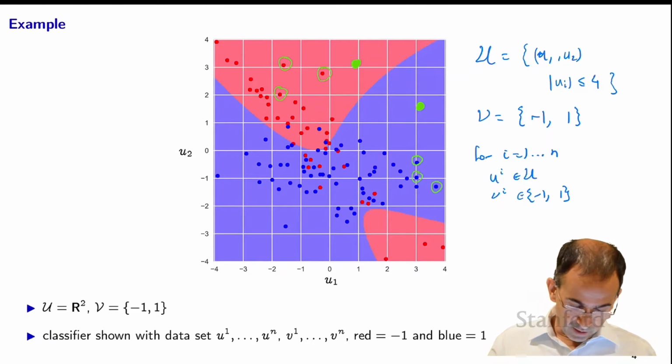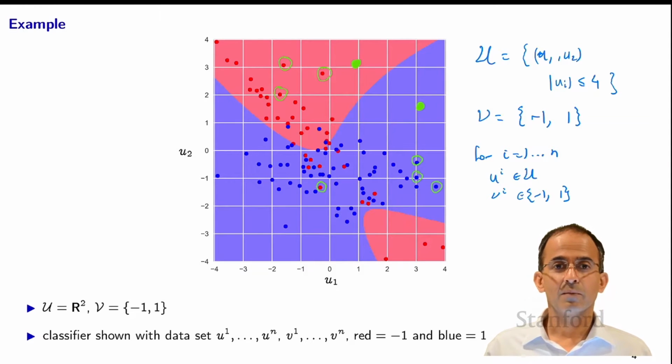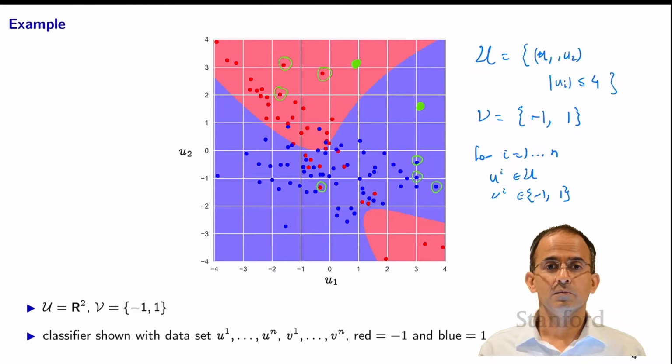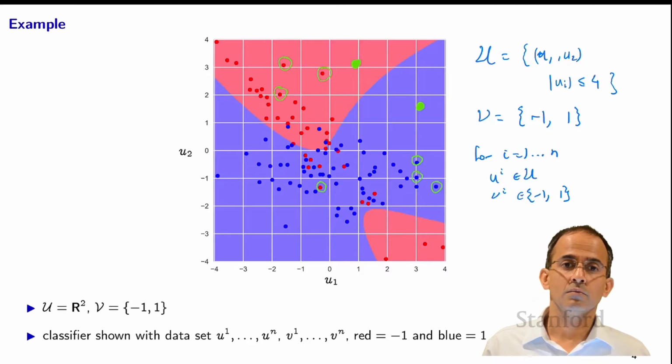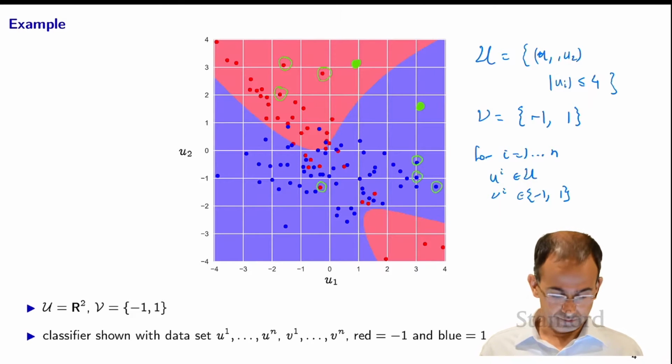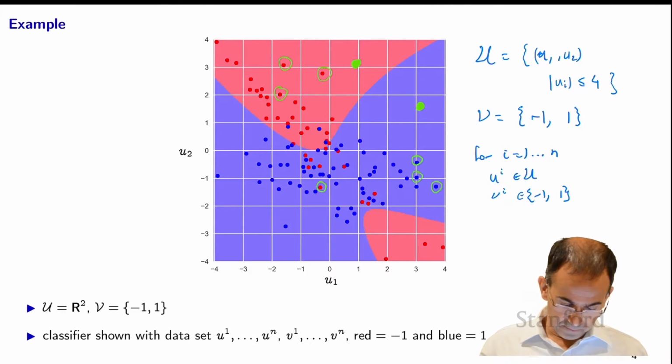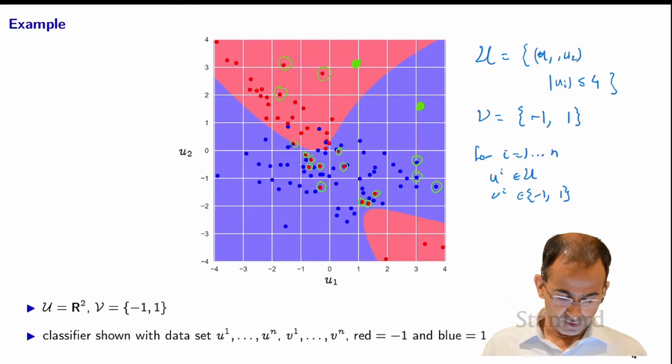But then there are other points, like this red point right there. For that red point, the true value is -1 because it's a red point, but the predicted value is 1 because it's in the blue region. And so these are points for which our predictor is giving the wrong answer on the training data.